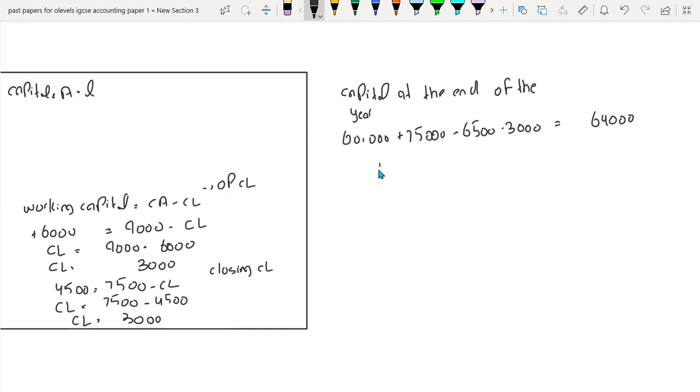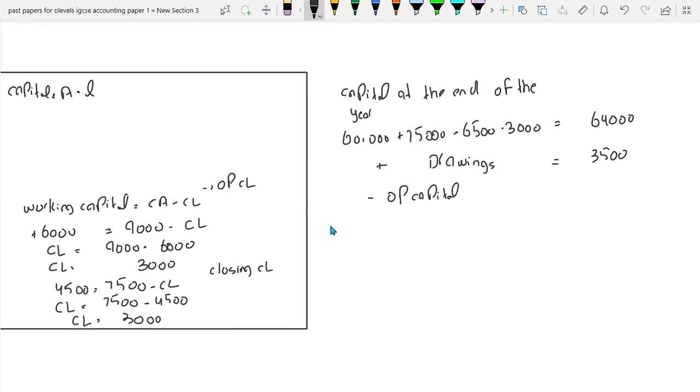Now just add drawings to it. So drawings were 3,500, and now minus the opening capital because we don't have any additional capital.